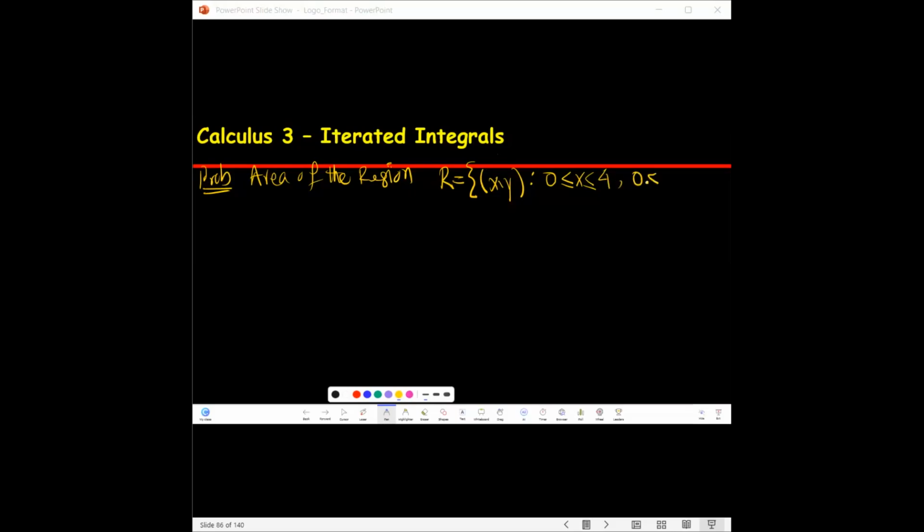If you pay attention, x is going from 0 to 4, and y is going from 0 to the square root of x.